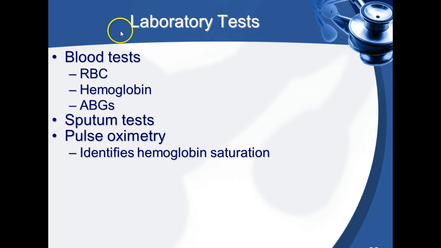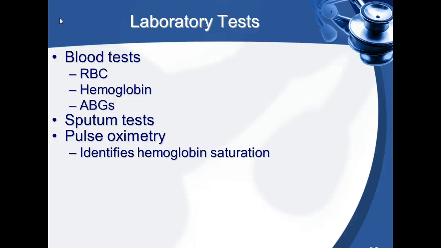Okay, these are the common laboratory tests that are administered for people based on what their respiratory status is. I would like you to know. Remember, I was telling you that you can do the red blood cells and that type of thing. Hemoglobin is really important, or arterial blood gases. The red blood cells, hemoglobin, and arterial blood gases are the main things that will tell you what their CO2 level is, which is carbon dioxide, and O2 levels.